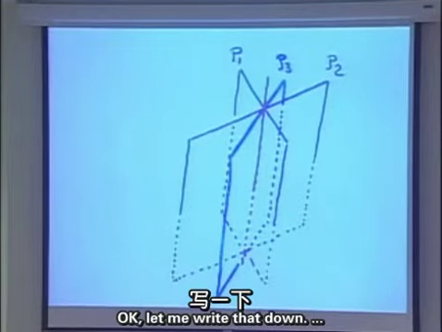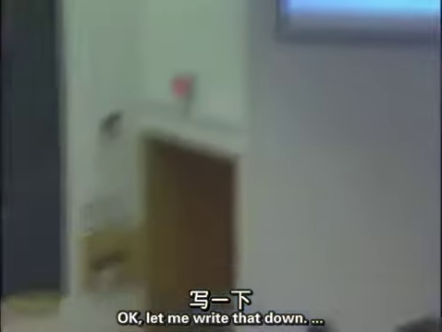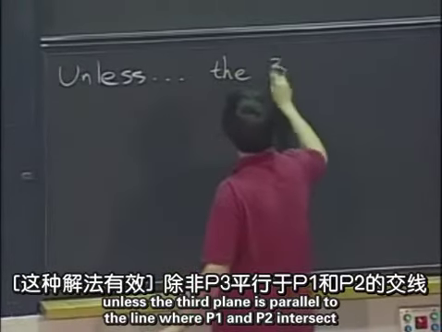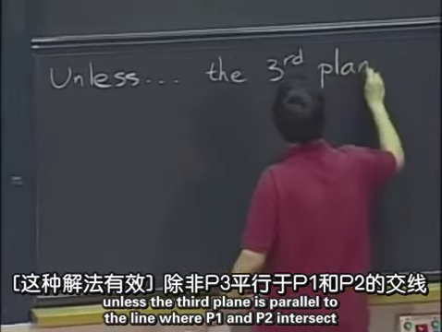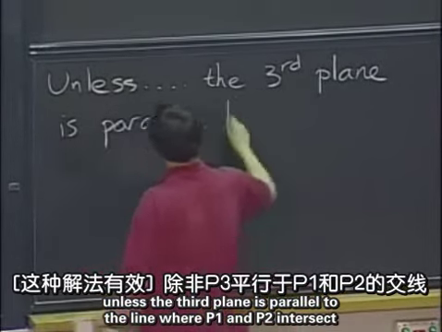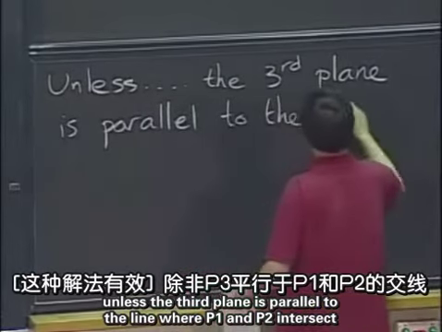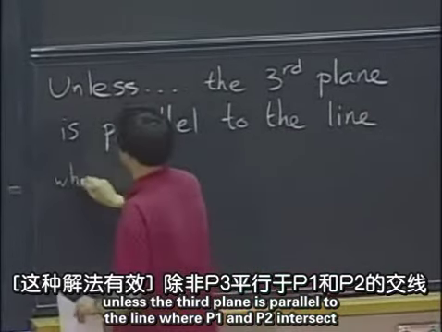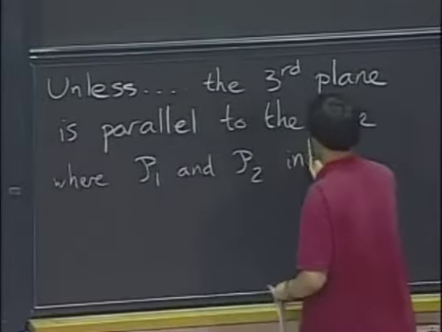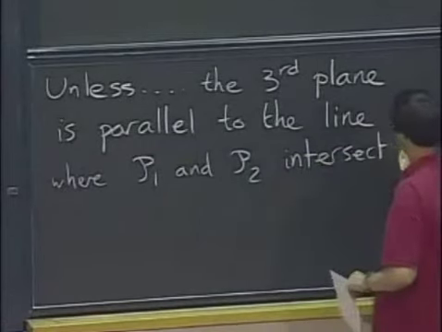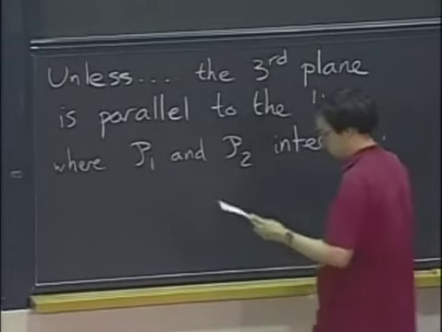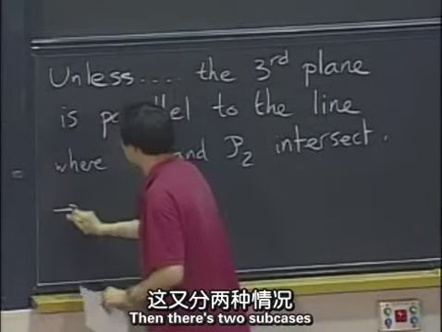Okay, so let me write that down. So unless the third plane, say it is parallel to the line where P1 and P2 intersect. So then there's two subcases.